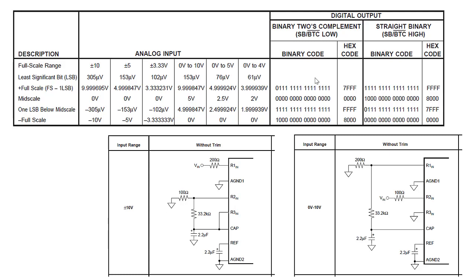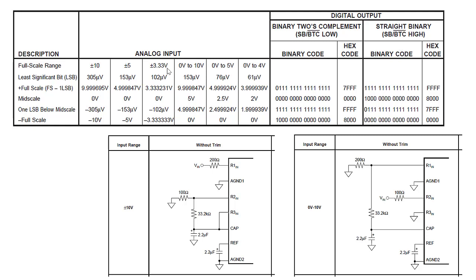For bipolar, you would want to use binary 2's complement, or signed 16-bit. If it's a unipolar type of sensor that you're connecting to, you'd want to go 0 to 10 volts, for example. The input voltage would be connected here, and that's what the network would look like. Okay, so that would be unipolar. For unipolar, you would tie the straight binary pin high so that you're running on straight binary, or unsigned.